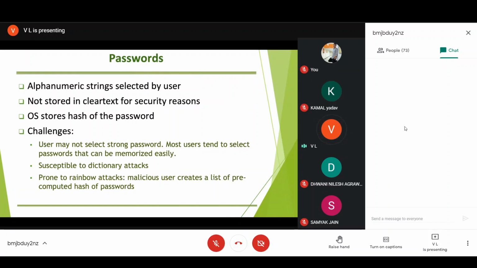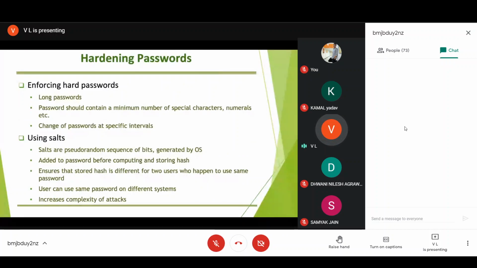If we are using hash, the same thing can apply. The attacker can create the most commonly used passwords and then compute their hash and try to use this to cause the attack. So this is known as a rainbow attack.